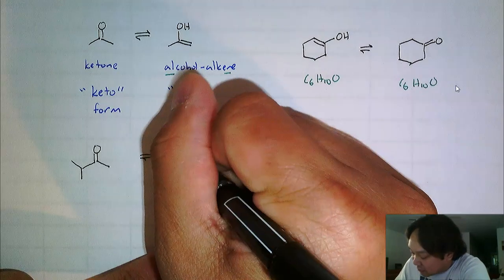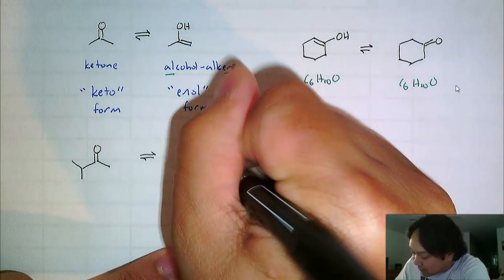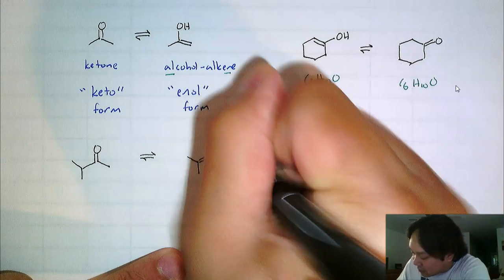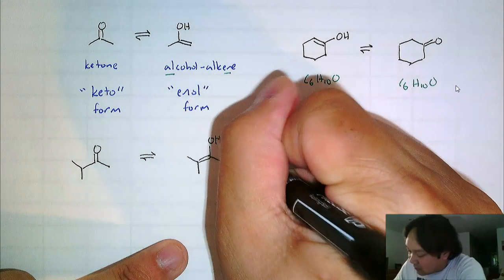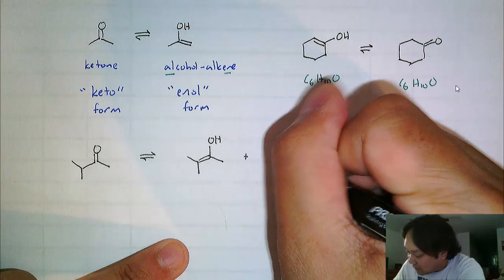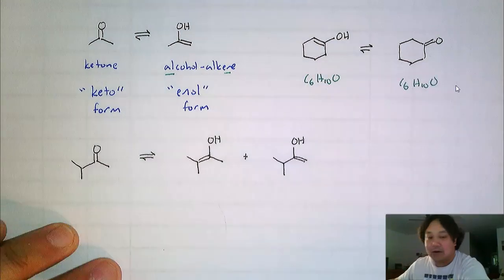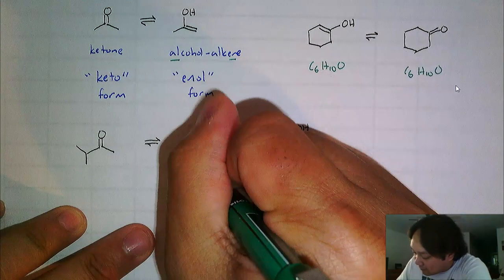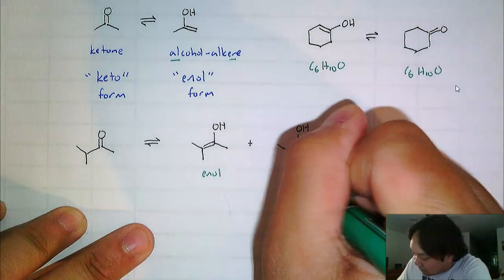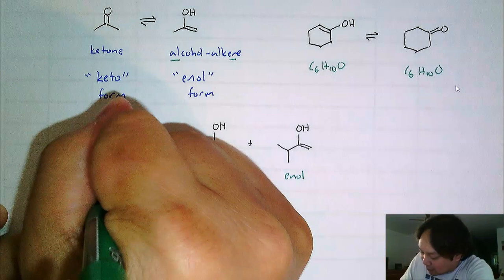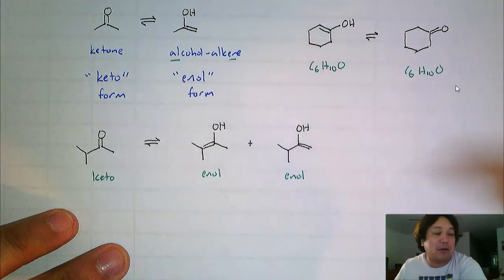And actually this has two enol forms. You could have an enol like this, and you can have an enol like this. Right? Both of those are enols. And this is a keto. And really we should be saying keto form and enol form.